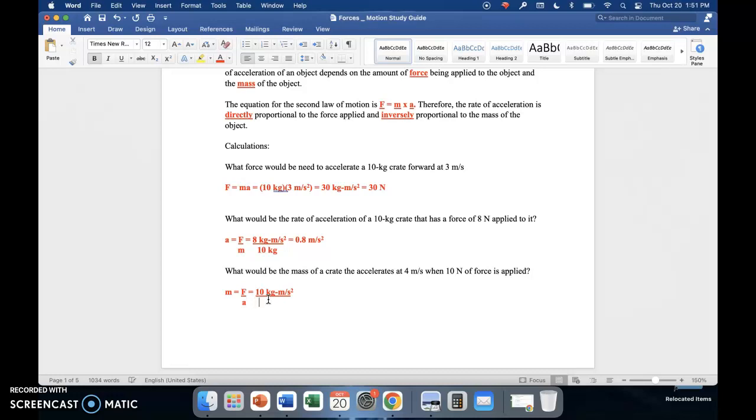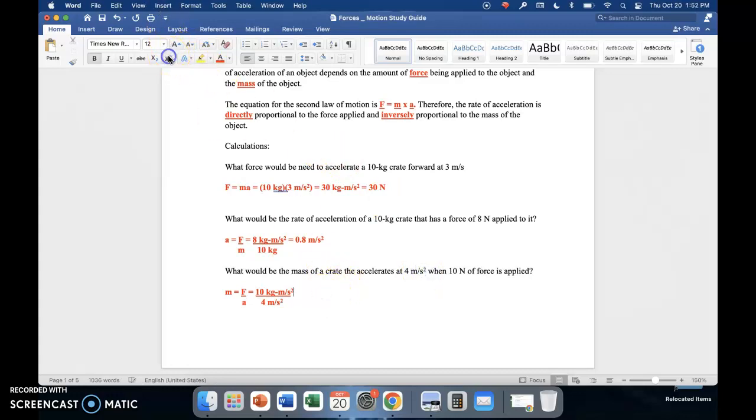My acceleration in this case is 4 meters per second squared. I think I have that wrong up there in the problem. This should be 4 meters per second squared right here, so on your worksheet, you might want to correct that.